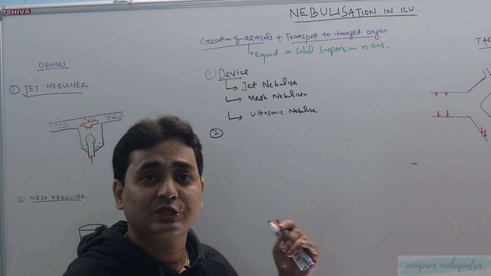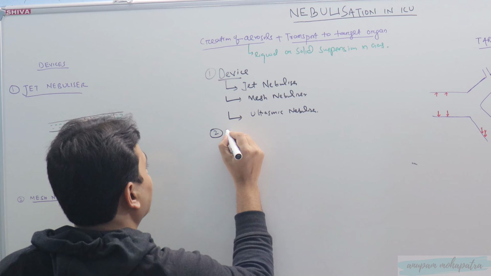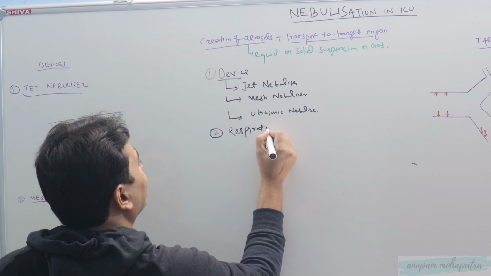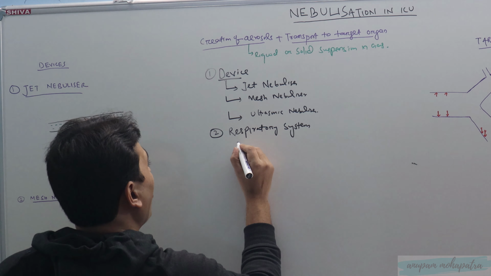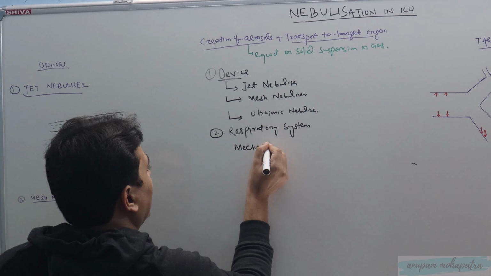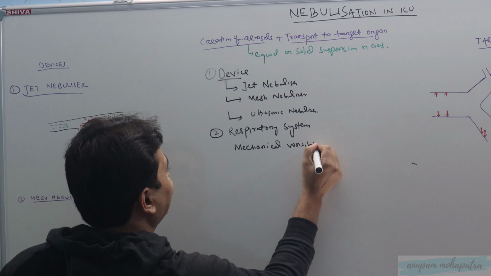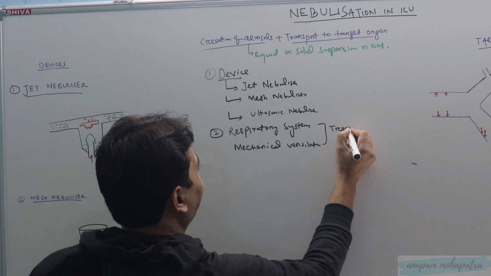So how will it be transported? It can be transported using the respiratory system in a spontaneously breathing patient, or it can use the mechanical ventilator. Correct? So these are called the transport medium.